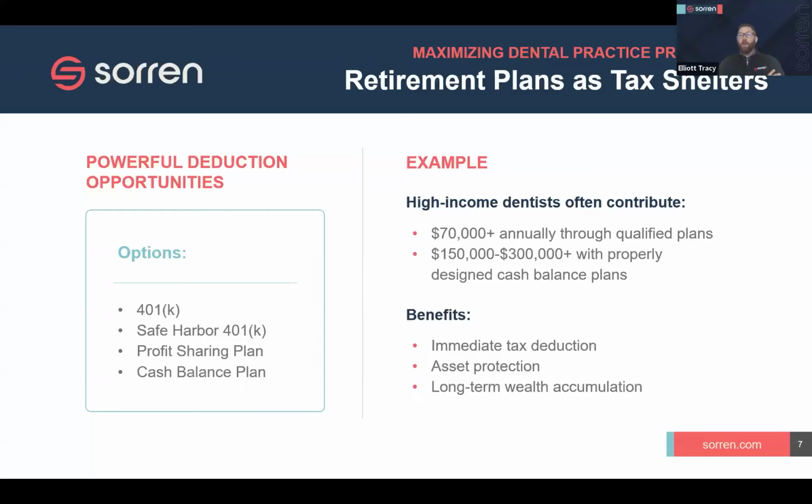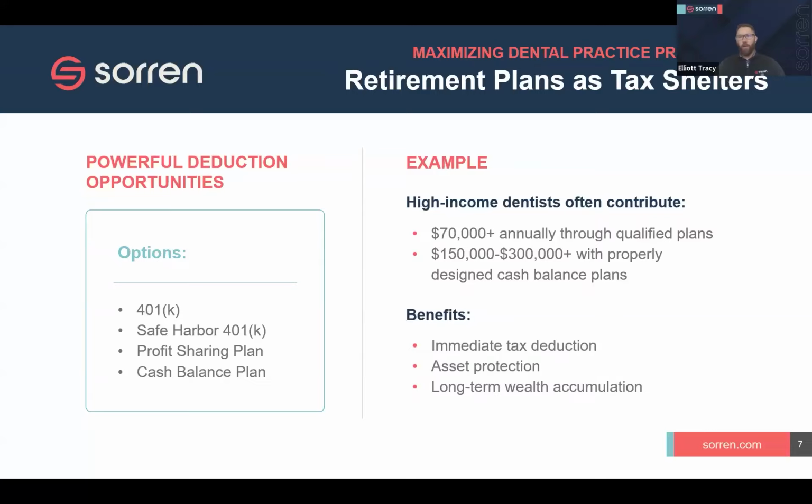Now, practices that are later in their dental life cycle, not these really new practices where there are still debt payment obligations, I'm talking about practices that have been around, practicing probably 15 to 20 plus years. Overhead is dialed in. They don't have any more debt on the practice, or at least very little debt, so there's significantly more cash flow.